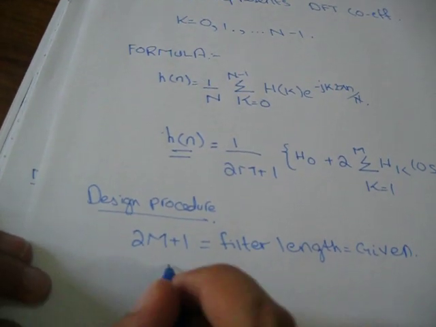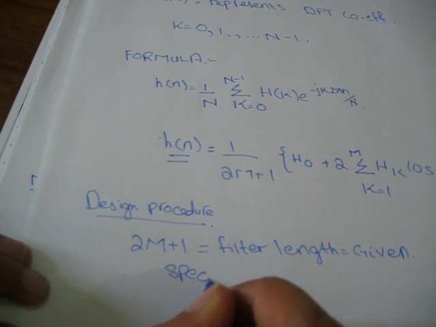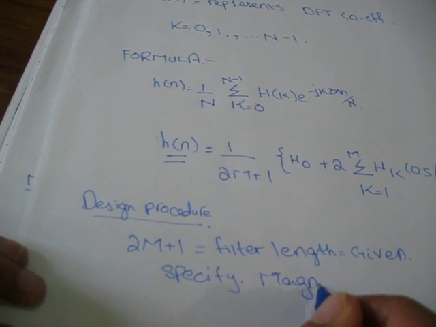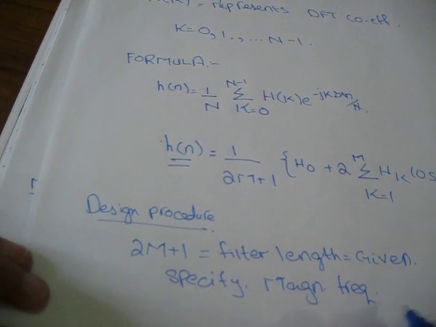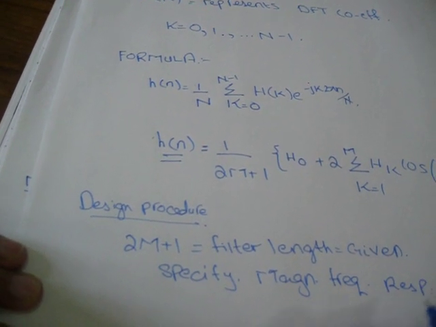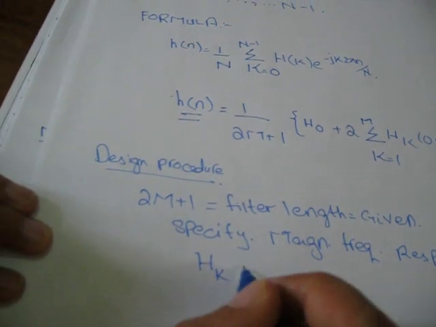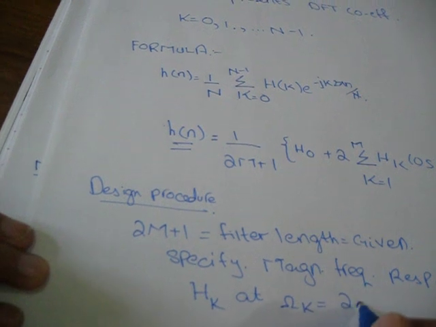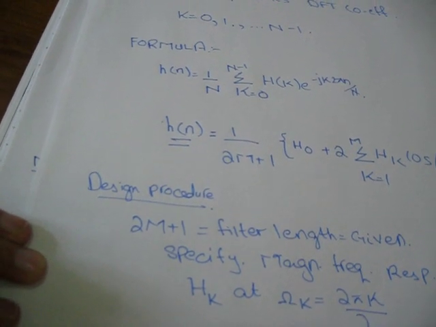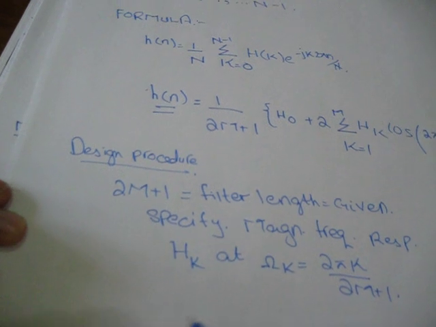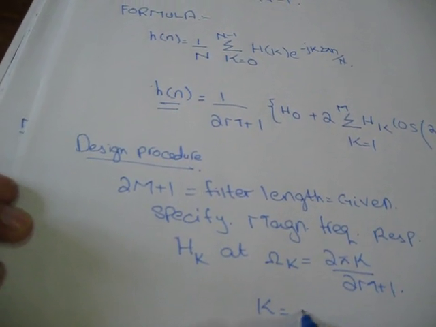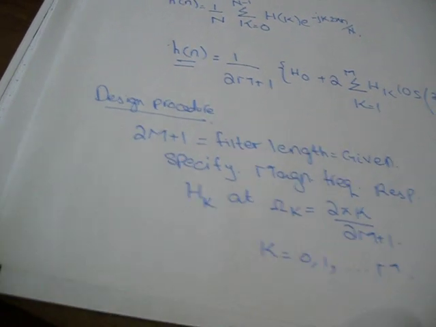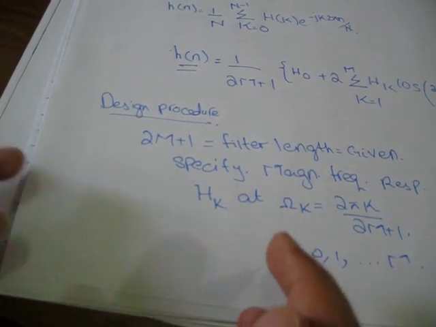The next thing is to specify magnitude frequency response as H of k at omega k equal to 2 pi k divided by 2M plus 1, where k goes from 0 to M. M means for the frequency range.